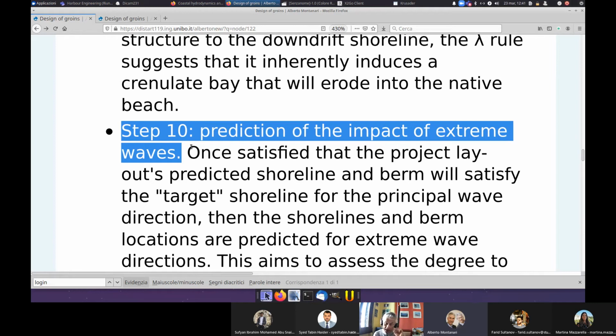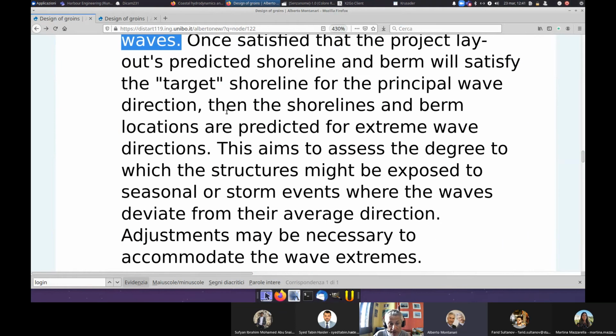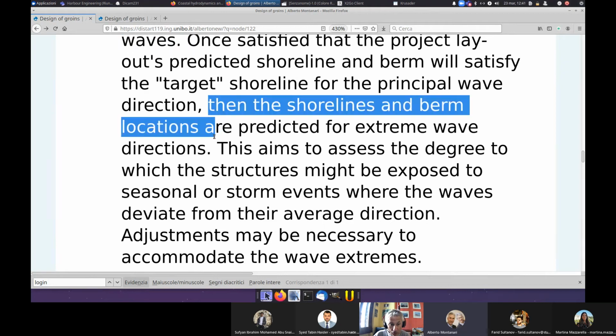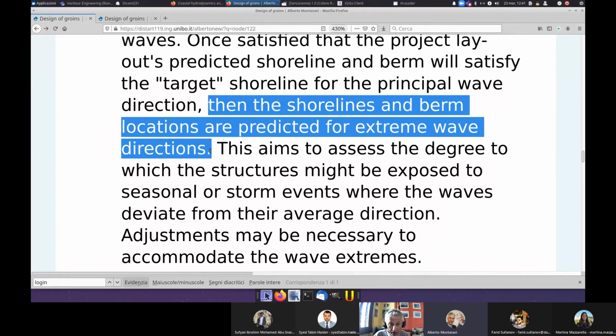So a necessary verification is to check what happens when an extreme event occurs. Basically, the shoreline and berm locations are to be checked for extreme wave directions. We cannot use the lambda shoreline rule to make this assessment.